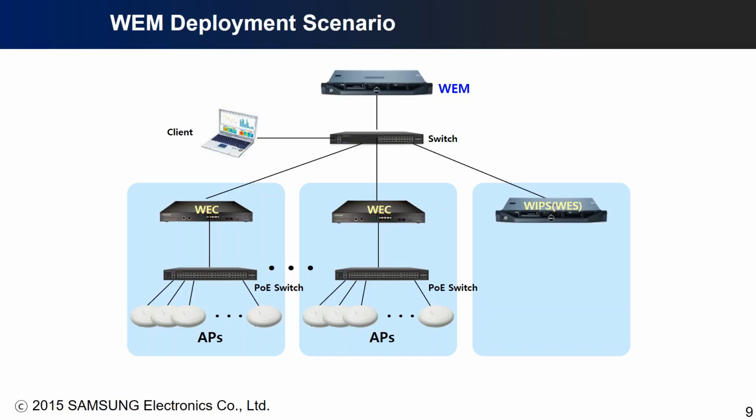So in this example scenario, you've got WIM loaded on the server here at the top. Then the client machine is accessing the WIM server via our web interface. The WIM is managing 3 controllers here, and it also has an integration with our security product, which is Wireless Enterprise Security, or WES.